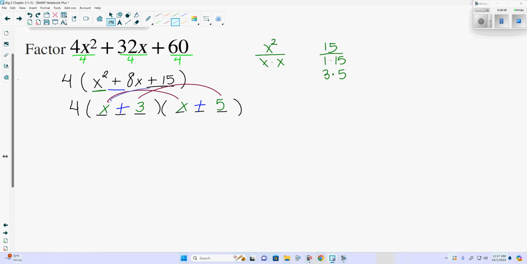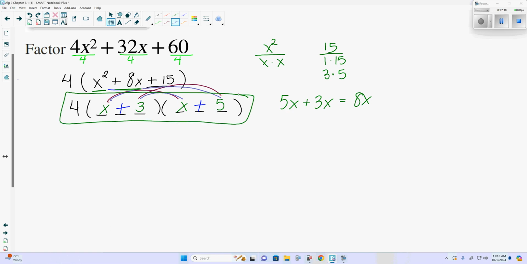The main ones I want to check are x times 5 and 3 times x. x times 5 is positive 5x. 3 times x is positive 3x, so plus 3x. And 5x plus 3x is positive 8x. Is that the same as our middle term we started with? So that tells us 4 times (x plus 3) times (x plus 5) is the correct factorization for our 4x squared plus 32x plus 60.